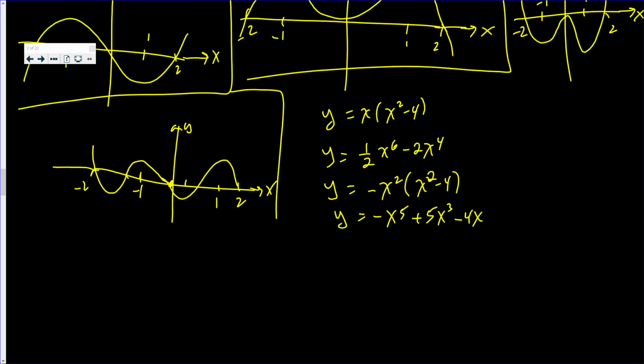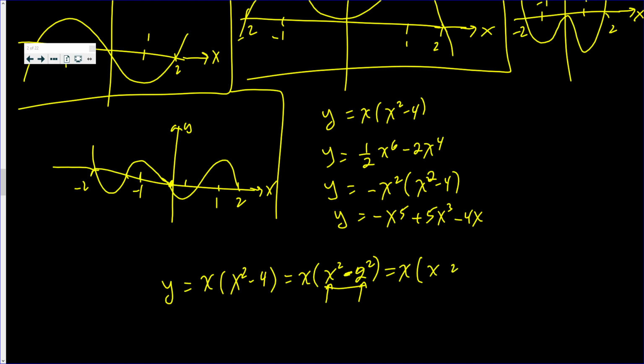Let us look at the first one. It's x times x squared minus 4. You can't do anything to the x, but if you think of 4 as 2 squared, well, there's the x. Now I'm going to factor this. X is being squared and 2 is being squared. And you have that necessary minus sign in between.